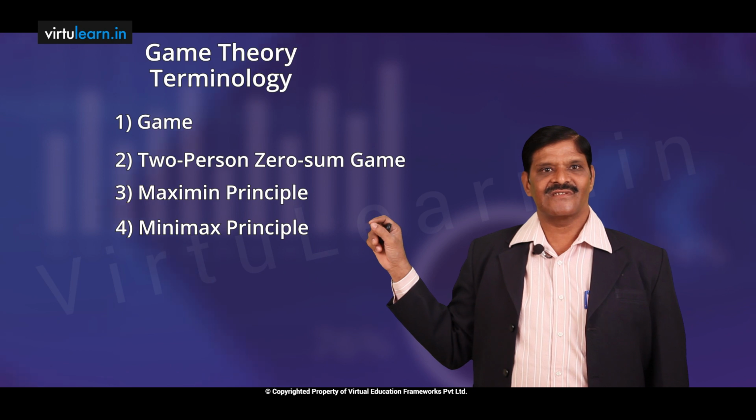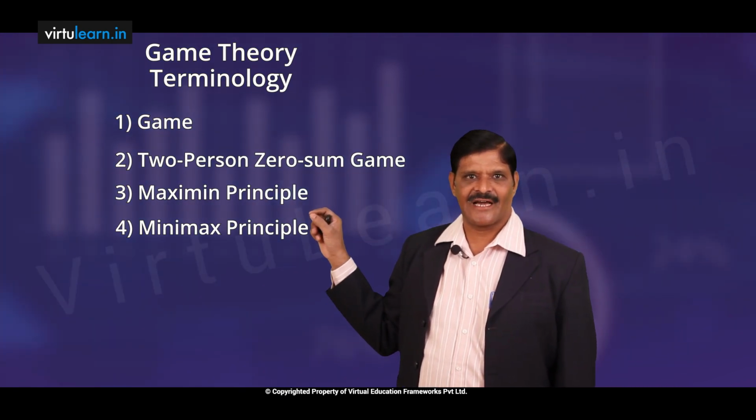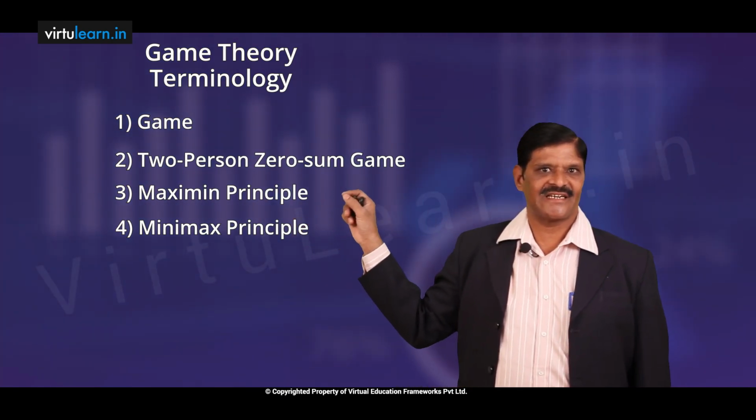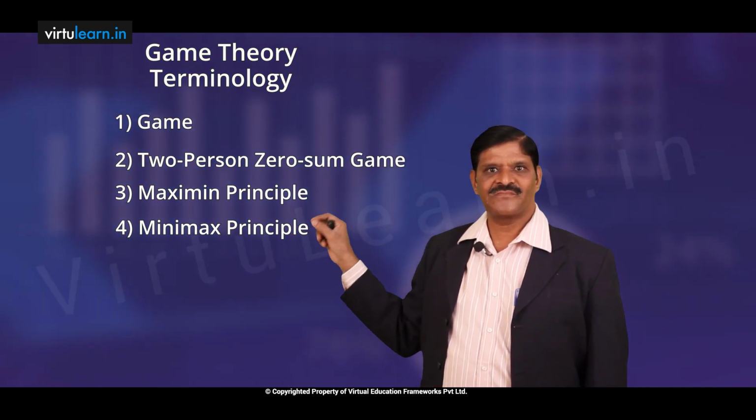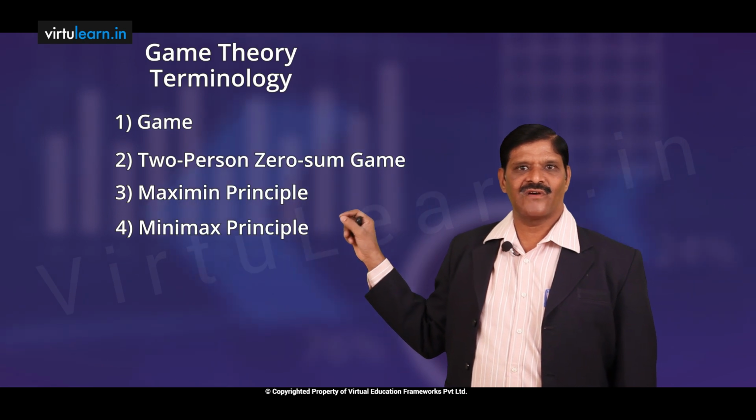Among these things, which is the worst kind of thing that can happen to A, that is the reason we have identified row minimum. So among them, whichever is the highest value, we have marked that.